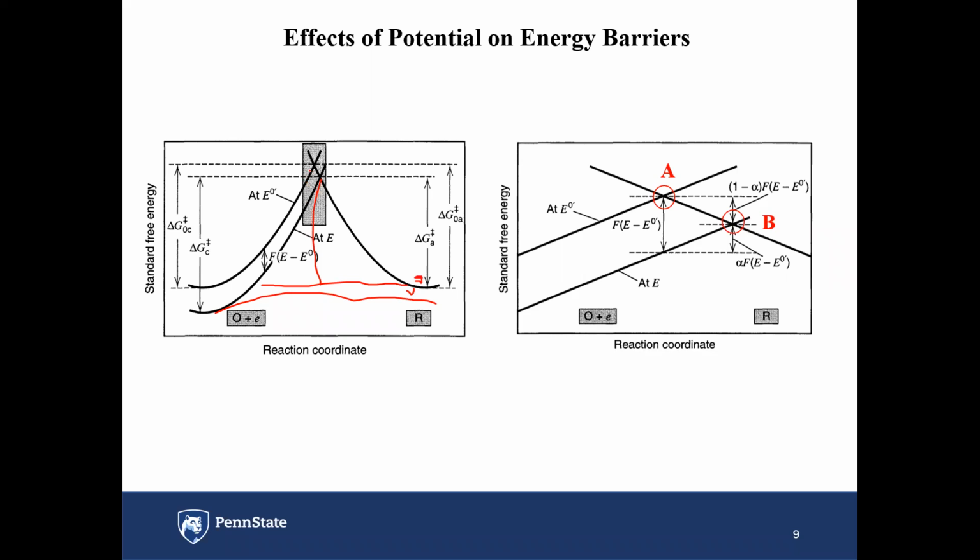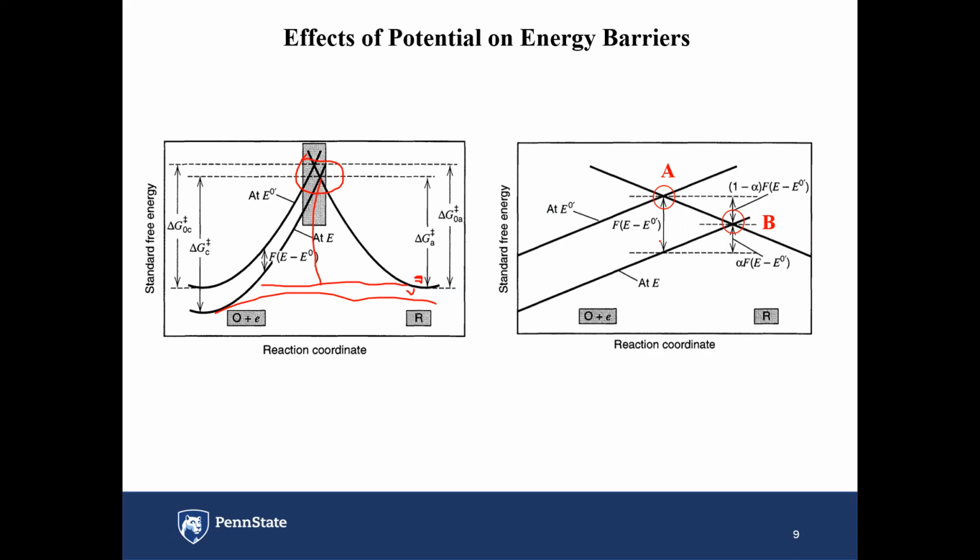If we zoom in on this region, we can see how the zoomed-in part looks, because we have a crossing at B and a crossing at A. And this is like F times (E minus E0). So this is E0, this is E. We have applied one potential at E, and E0 is its original potential.